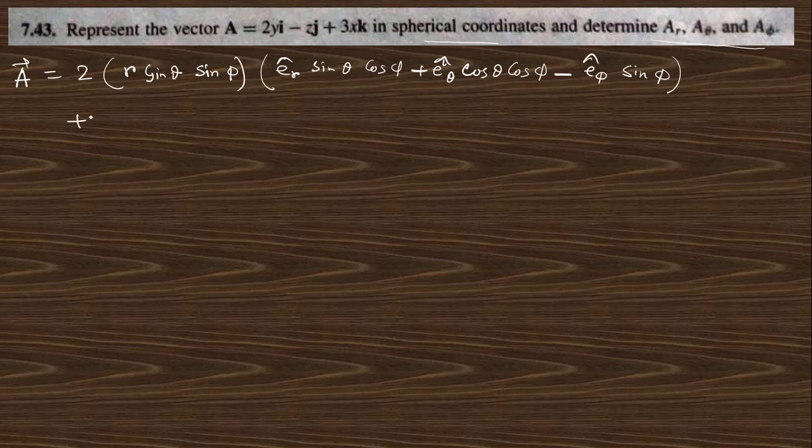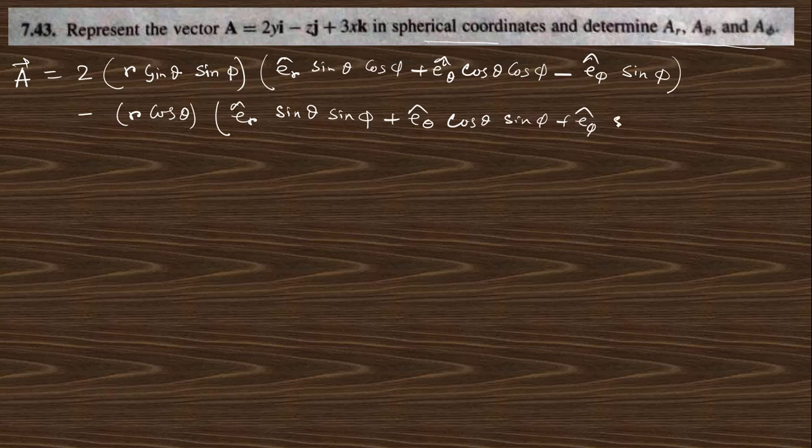Plus, no, there is minus z. z is nothing but r cos theta, with j cap. j cap is E r cap sin theta sin phi plus E theta cap cos theta sin phi plus E phi cap cos phi.